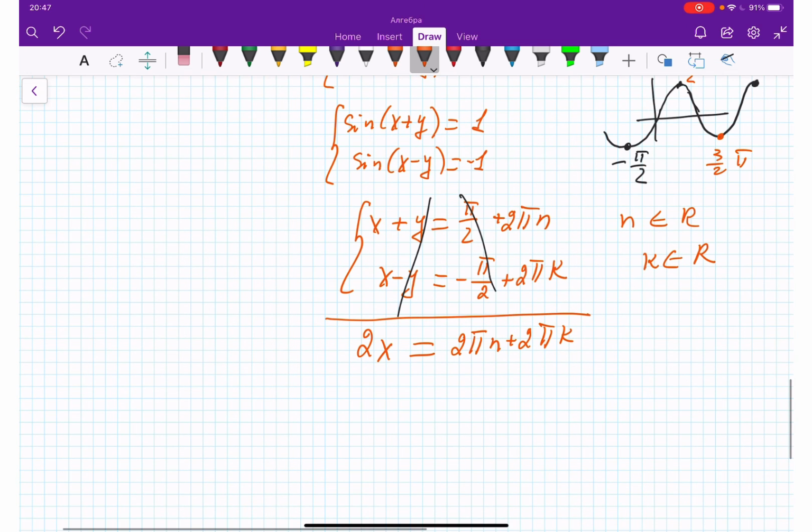Okay, dividing by 2 both sides and taking pi out as a common factor, we are getting x is equal pi times n plus k. Okay, and this is our answer.